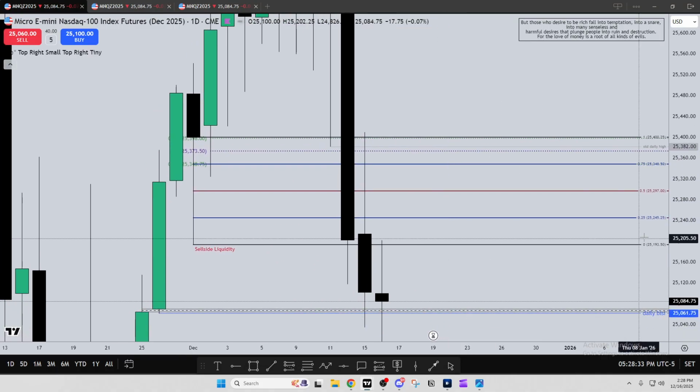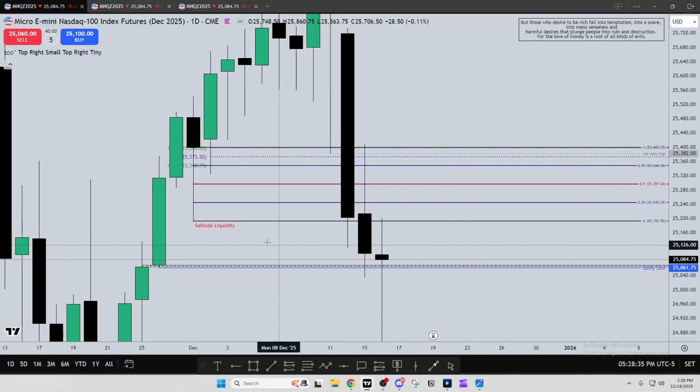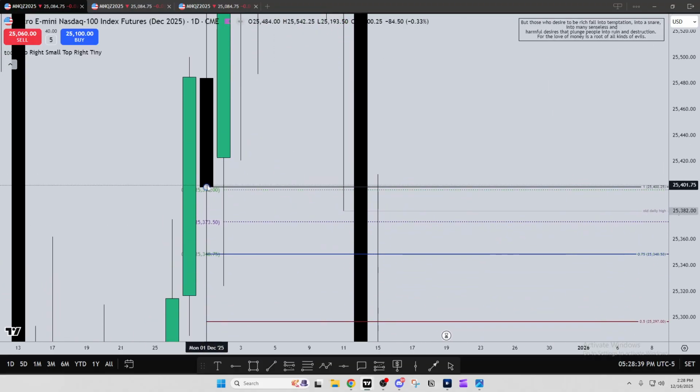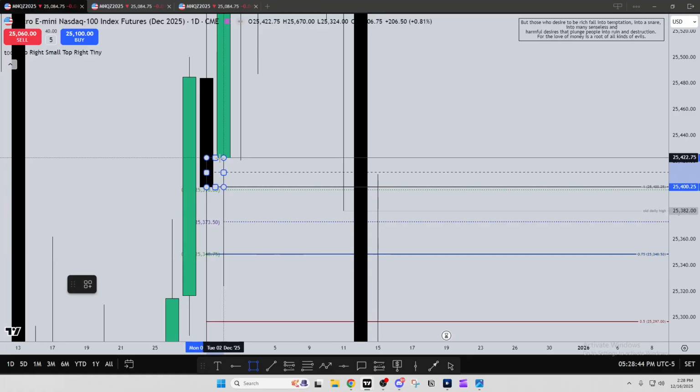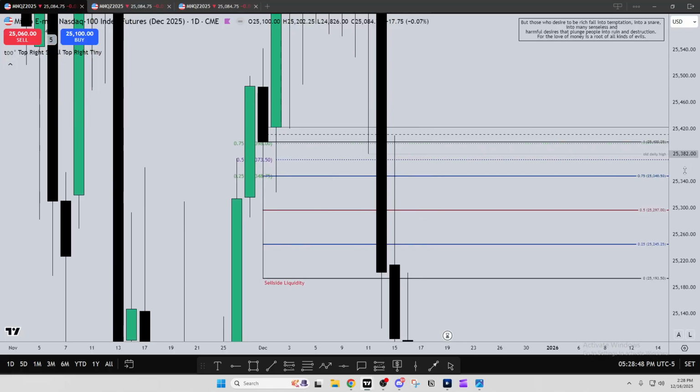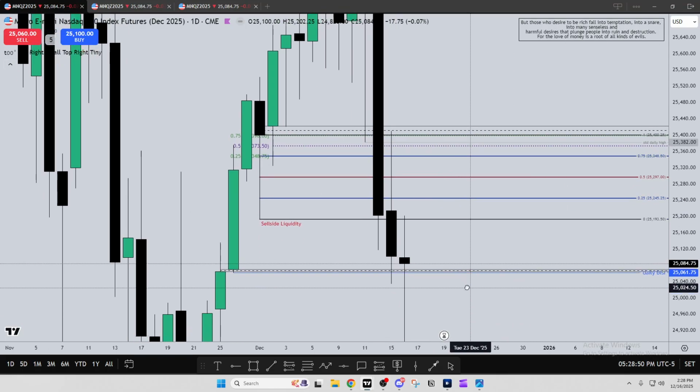It's basically a new day opening gap, consequent encroachment. Yeah, so that's all that we needed.